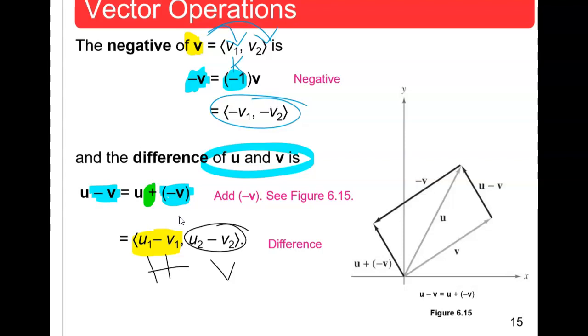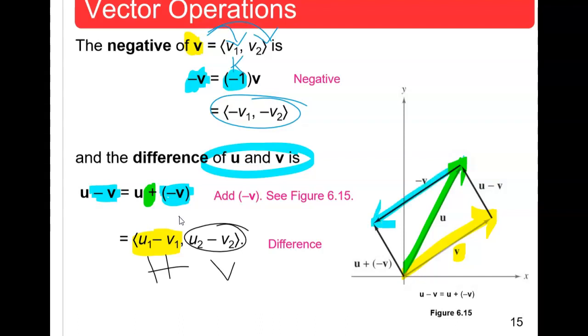So let's see. The original vectors will be u is there, and then we have vector v, which is here. Okay, so if you look at the one on the top is -v, so that will be going in the opposite direction.